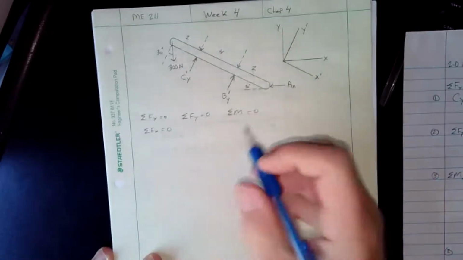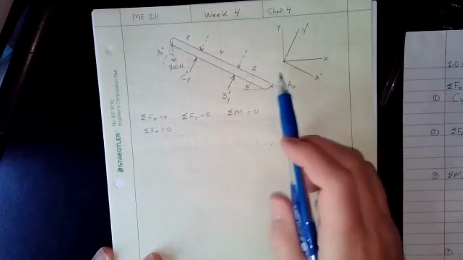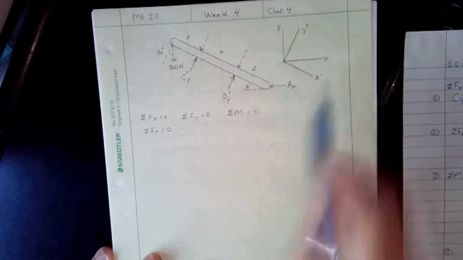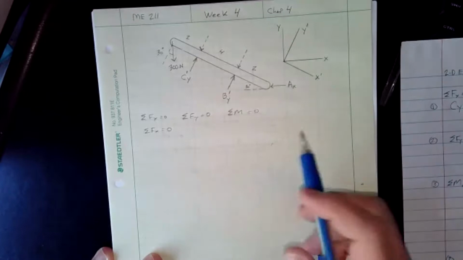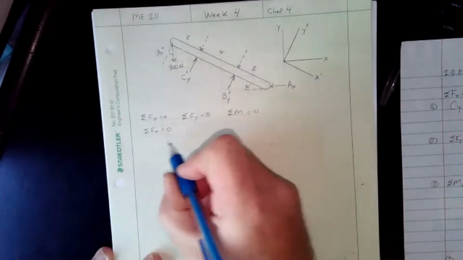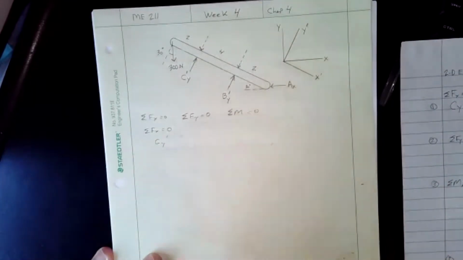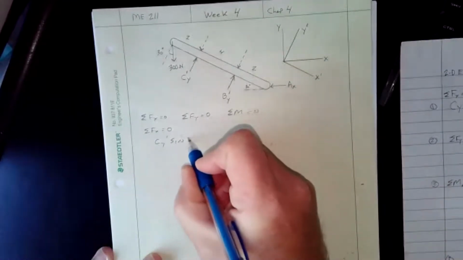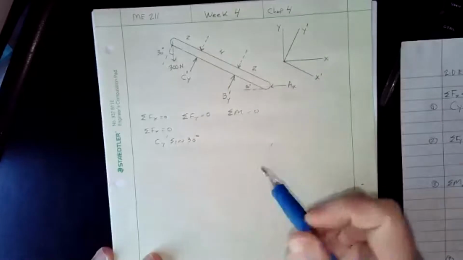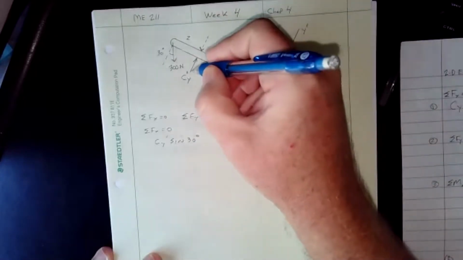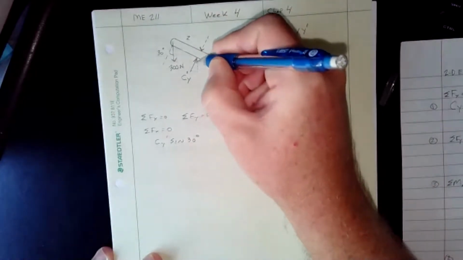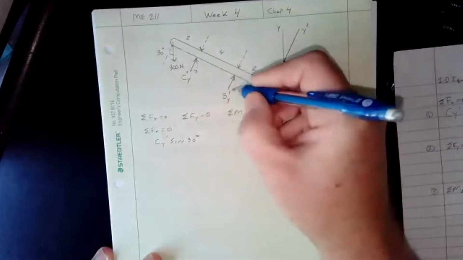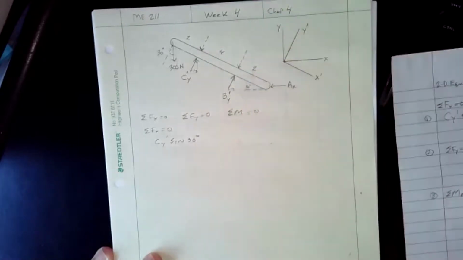In this case, I'm keeping my XY axis. So what I'm going to say is CY prime sine 30, because we know that it goes like that. So this is the part of the force I'm getting right here.